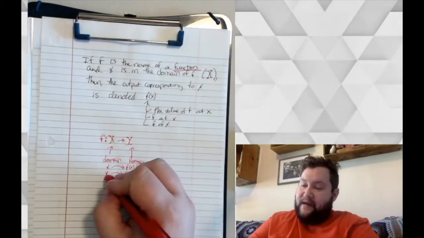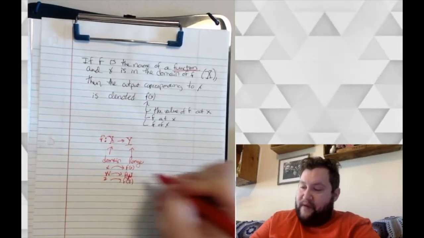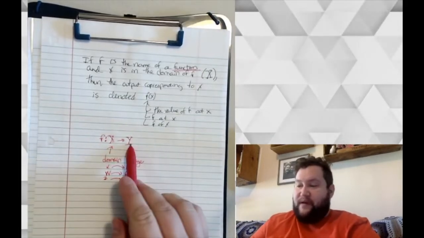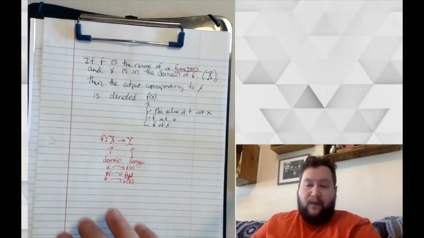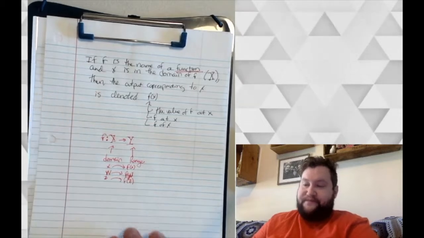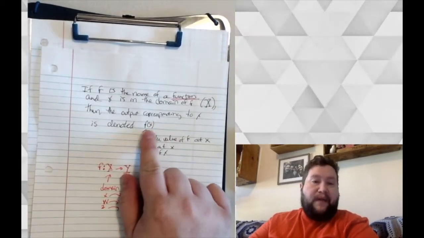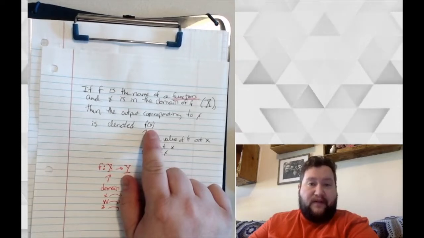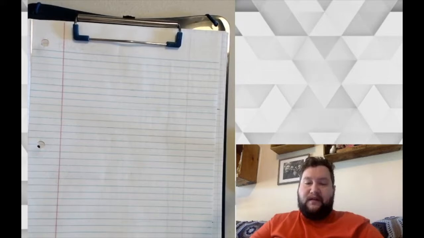And maybe I don't like this y, I'm going to make it a w, f of w, just because we already used y there. So we can evaluate functions. We often care more about the actual value of the function than our domain itself. And so let's work a little bit with that.